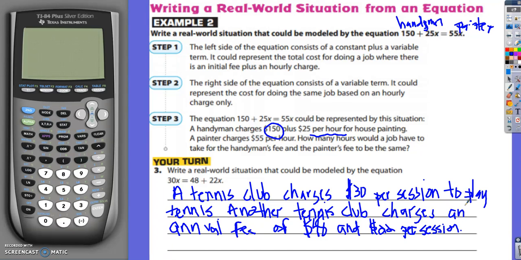Okay, so the second tennis club charges an annual fee, the flat fee of $48 plus $22 per session.